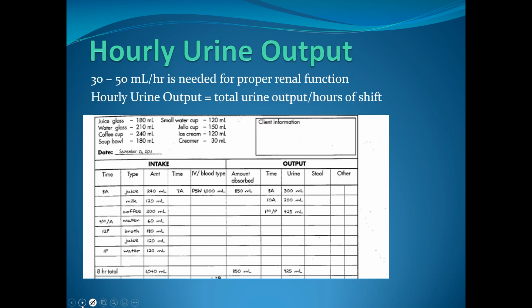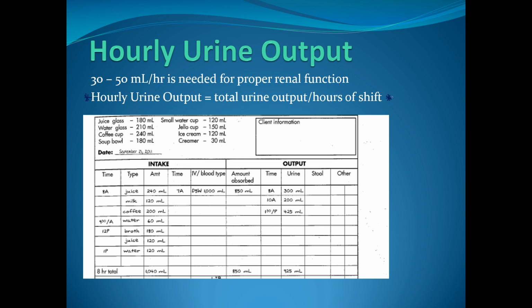So one additional calculation is hourly urine output. And so for hourly urine output, we're looking for 30 to 50 milliliters per hour, and we're looking at renal function when we're asked to do that calculation. When we calculate hourly urine output, we're going to use the total urine divided by the hours of the shift.